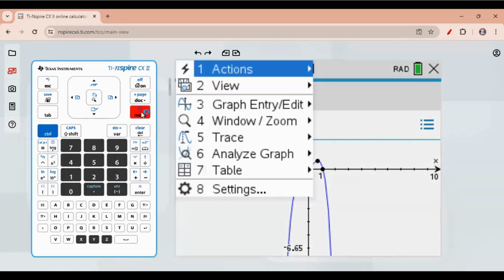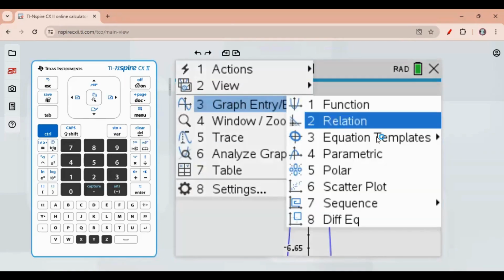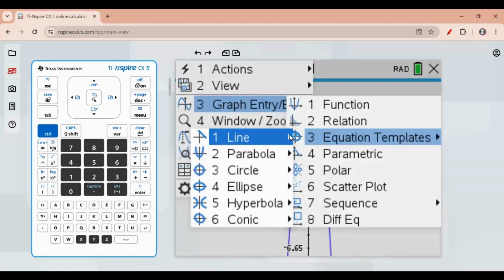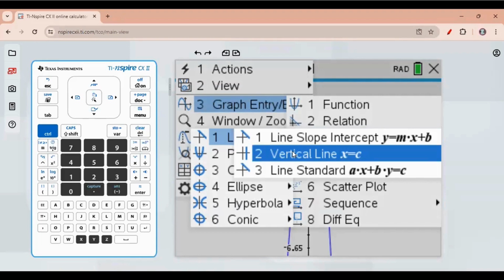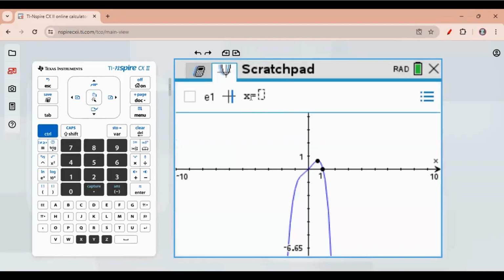Just equation templates, then line, and you need a vertical line because it's x equals 2. That won't work in a normal function form. So x equals 2 is my line.